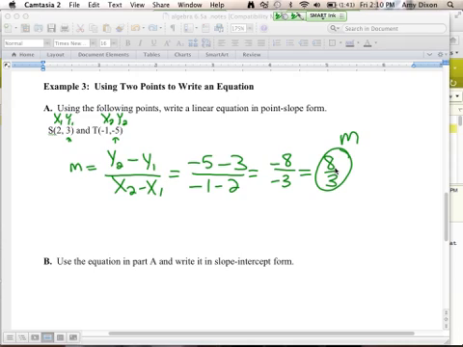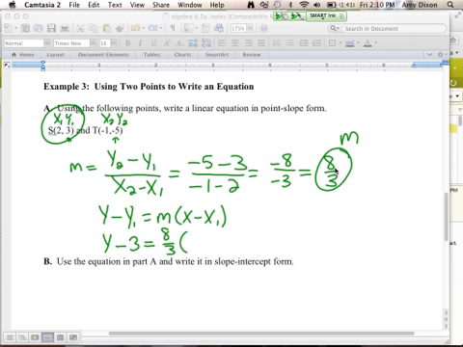And then we have our x1 and y1 from up here. So now we can write our equation in point slope form. So we have y minus y1 equals m parentheses x minus x1. So we just plug in our values. So we do y minus y1, which is 3, equals 8/3 parentheses x minus 2.